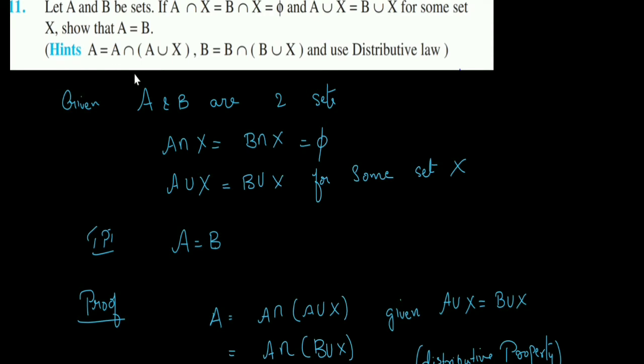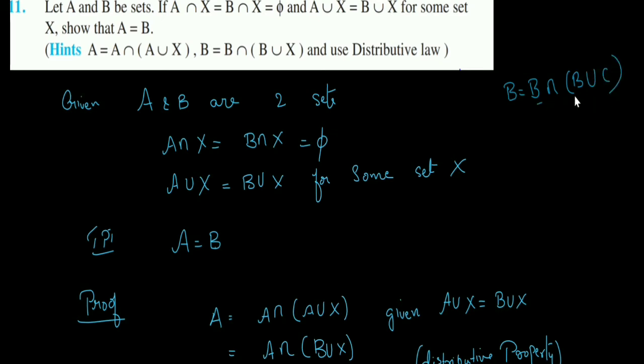Now, you can write the set A as A intersection (A union X). You can write any set like that. You can write a set B as B intersection (B union some other set).